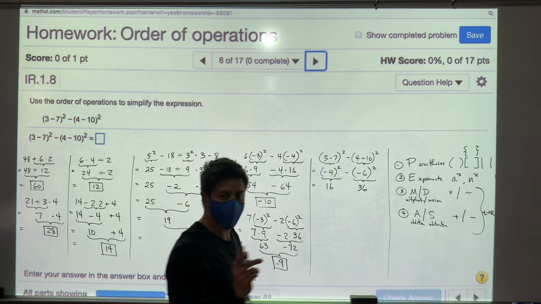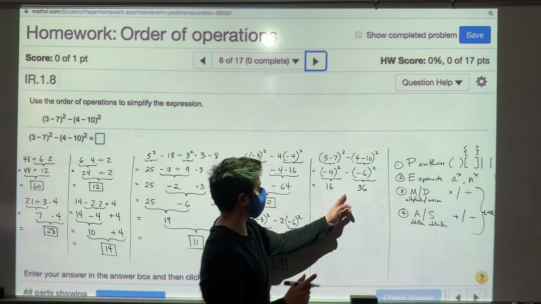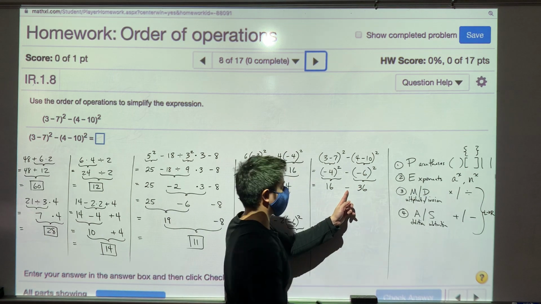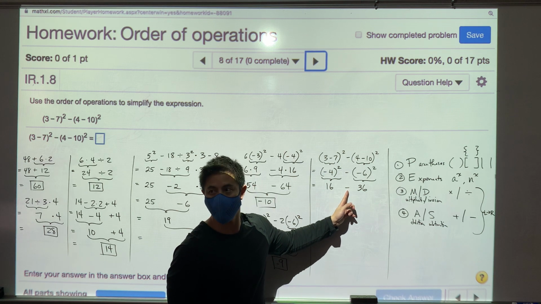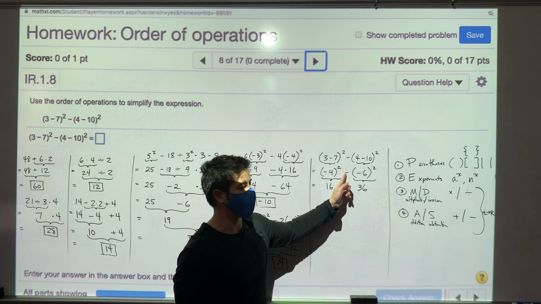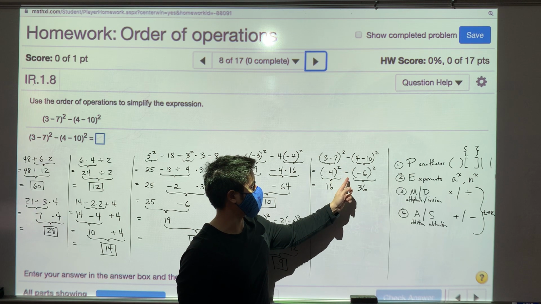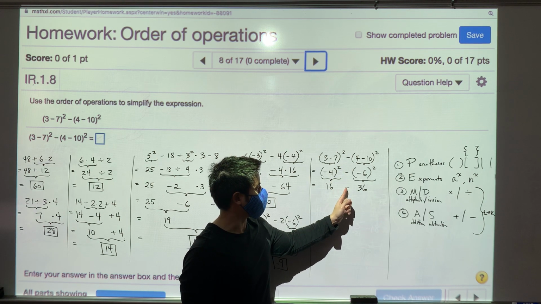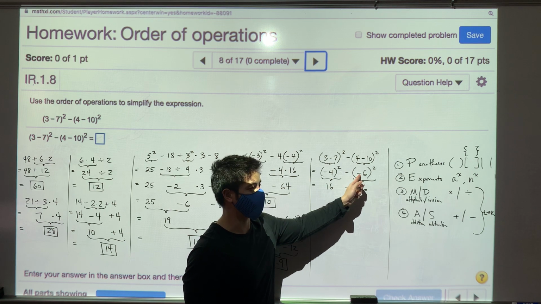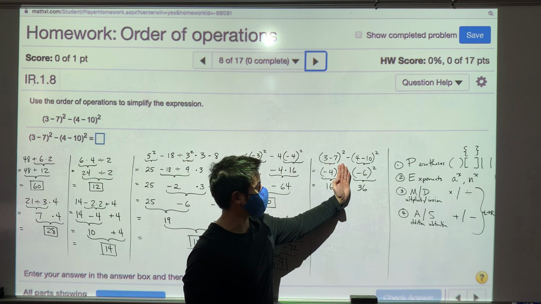But stop for a moment. Where does this minus sign come from? It comes from above. Because originally the problem is minus, minus, minus. This negative sign does not come from here because negative 6 squared is a positive 36.